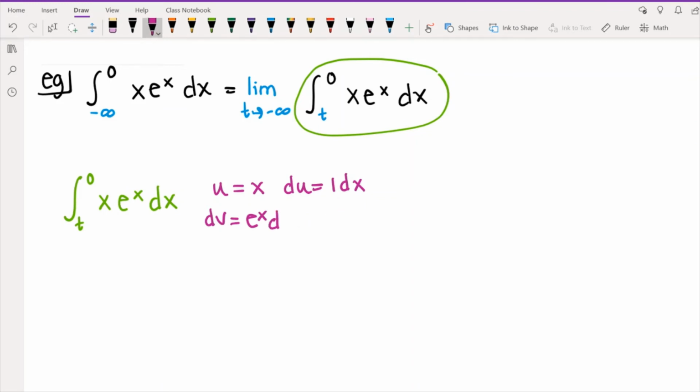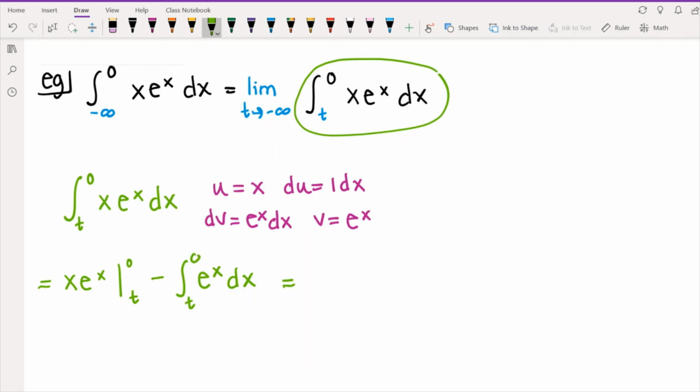I know I'm going through this quickly, but we've done this example in an earlier video. So this integral comes out to be u times v, which is x e to the x, evaluated at 0 and at t, minus the integral of v du, which is e to the x times 1 dx, just e to the x dx.